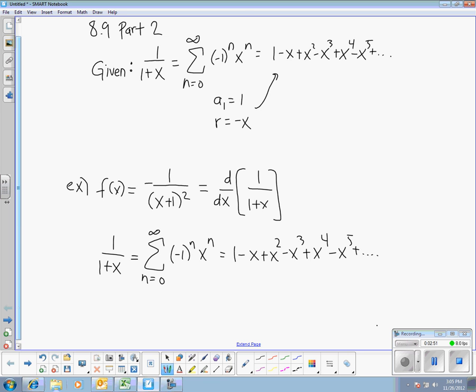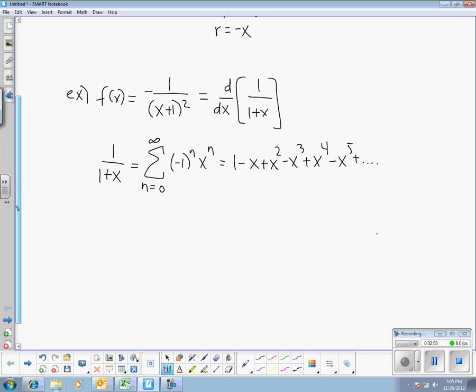Well, I don't know how to force this one into looking geometric, but I do know that the one I'm looking for, negative 1 over x plus 1 quantity squared, is the derivative of the one that I do know. So I can just take the derivative of this term by term, or I can take the derivative of the sigma. All right, the derivative of this sigma, it's still going to alternate.